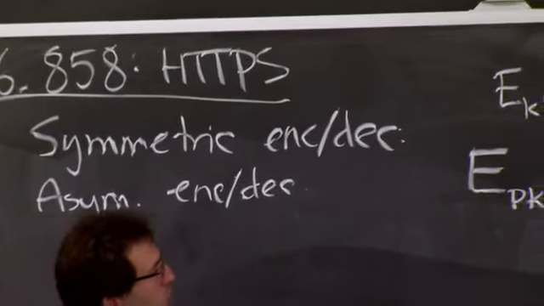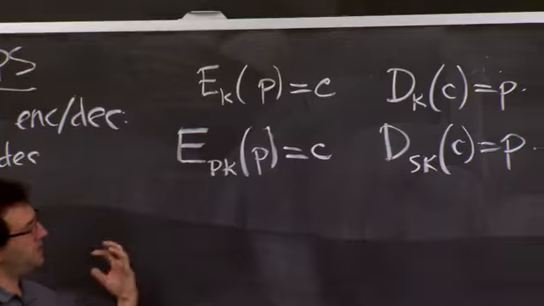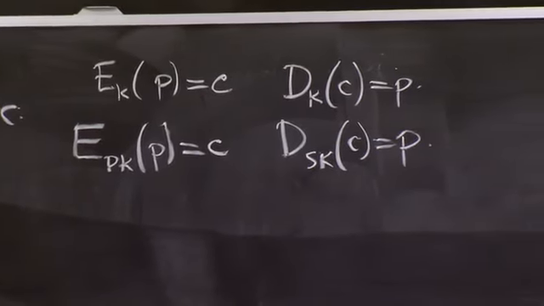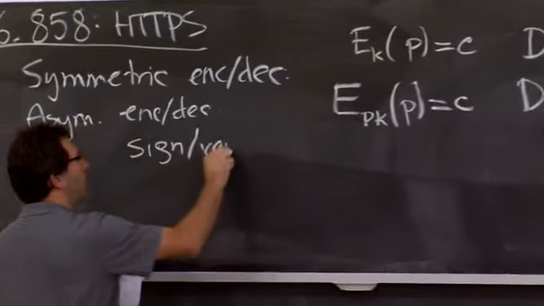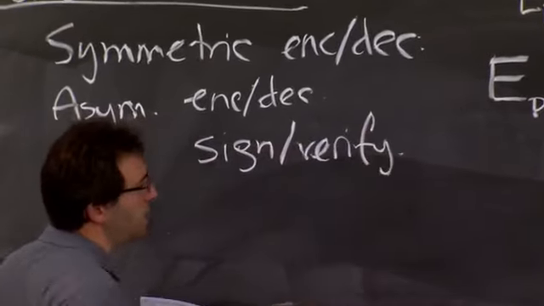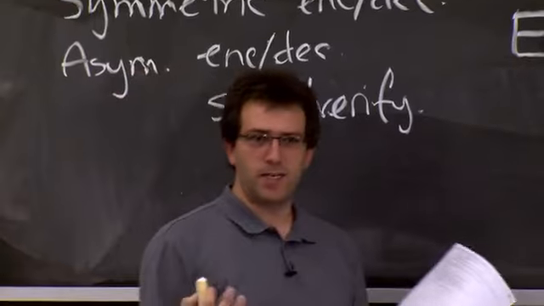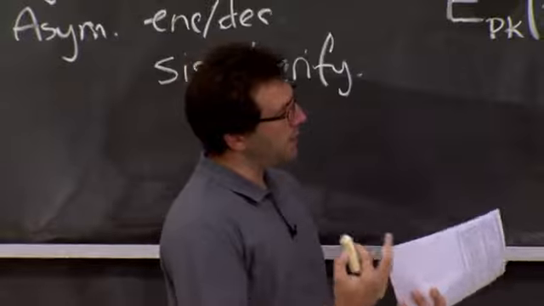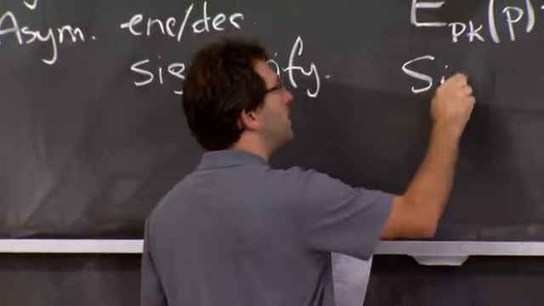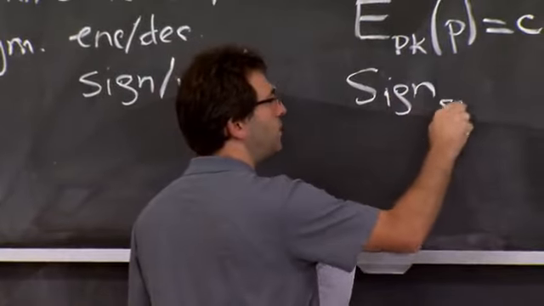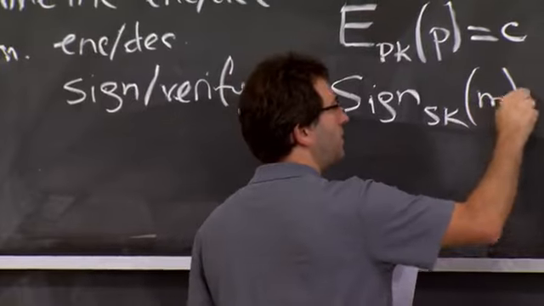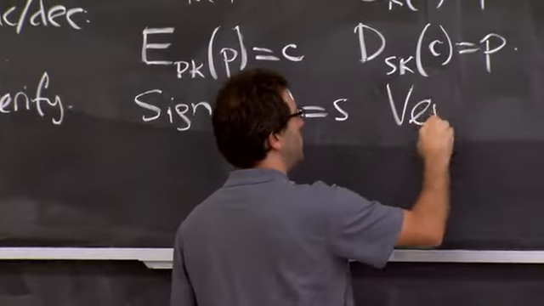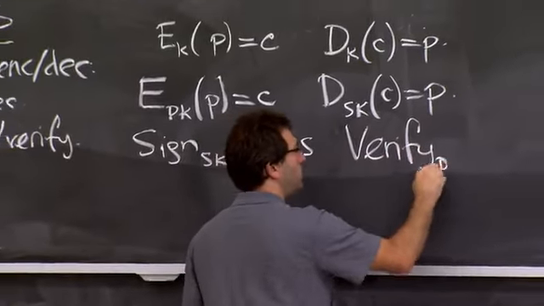you often use public key crypto in a slightly different way. So instead of encrypting and decrypting messages, you might actually want to sign or verify messages. It turns out that at the implementation level, these are related operations, but at an API level, they might look a little bit different. So you might sign a message with your secret key, and you get some sort of a signature S. And then you can also verify this message using the corresponding public key.